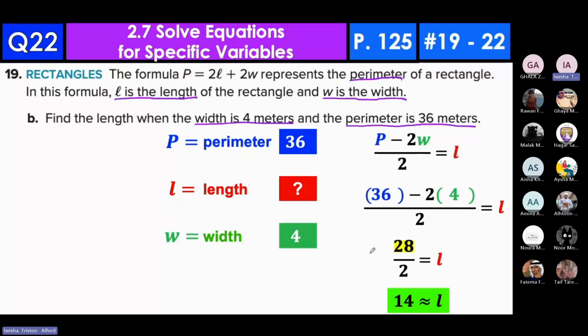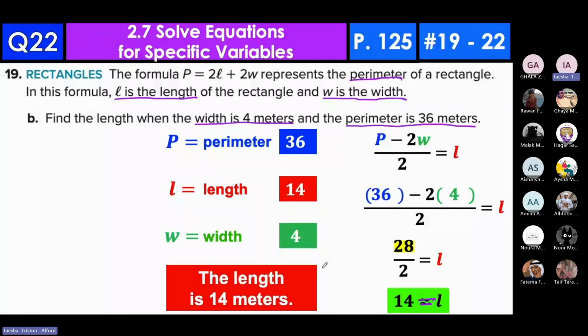You get 14. Should be equal here. Then write what is the 14. 14 what? The length is 14 meters. So write a sentence about what is the meaning so that everyone is clear that you know your answer. Okay, the length is 14 meters.